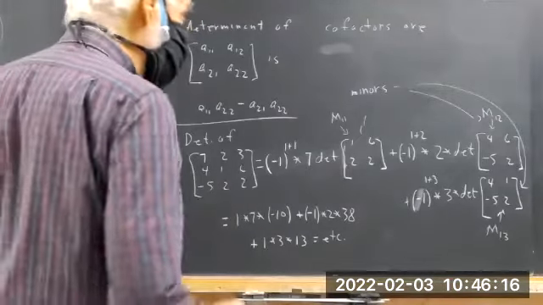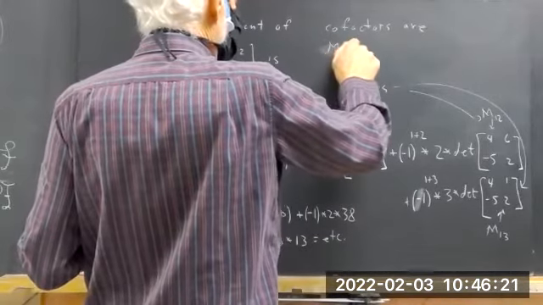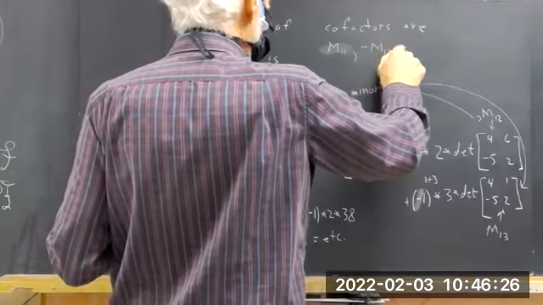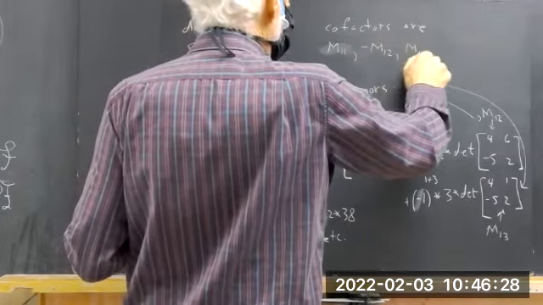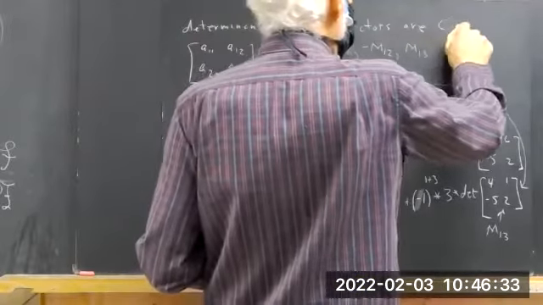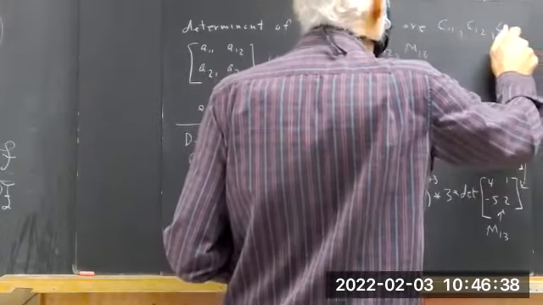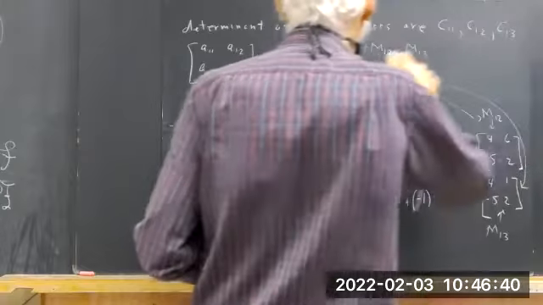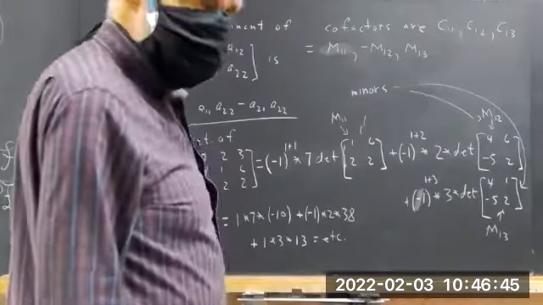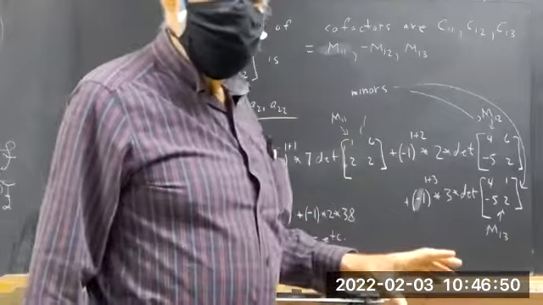What are your cofactors? And we call these C1,1, C1,2, and C1,3. Just terminology that's handy in referring to the matrices.